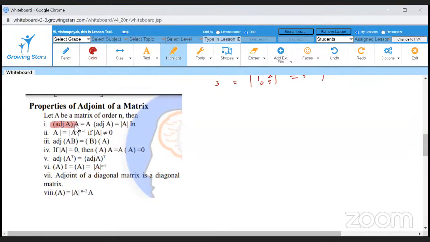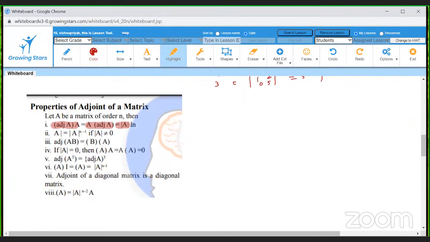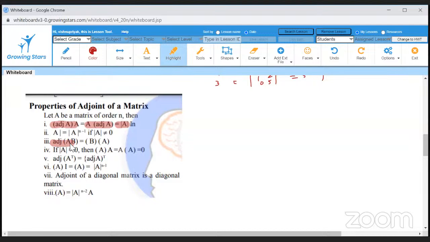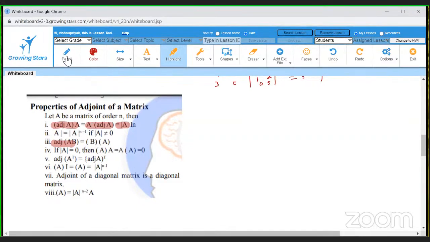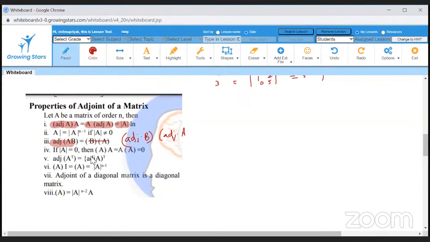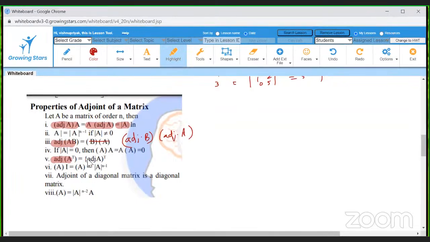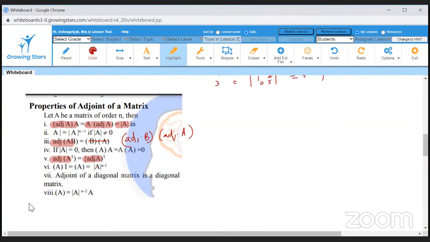Adjoint of A into A is equal to A into adjoint A, equal to determinant of A. Adjoint of AB is equal to, this is not correct, I will correct it, adjoint of B into adjoint of A. Adjoint of A transpose is adjoint of A whole transpose.